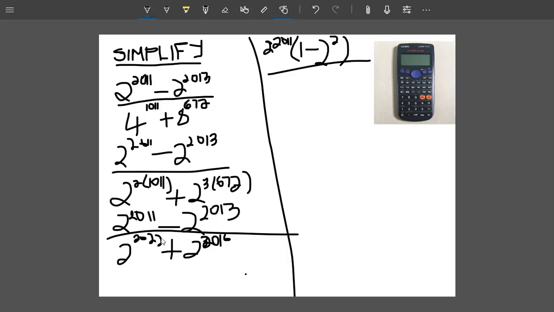Then you'll realize that even here we are taking out the common factor. Then you'll realize that this 2011 is 2011 there.